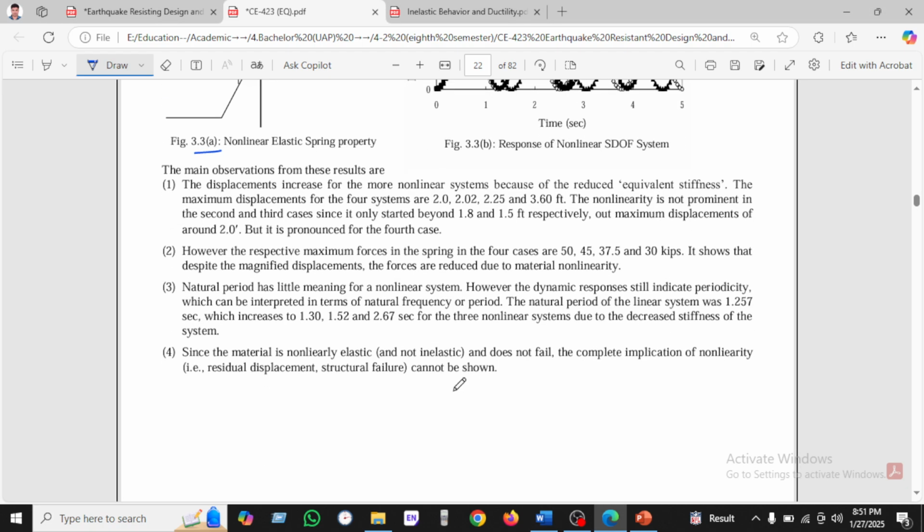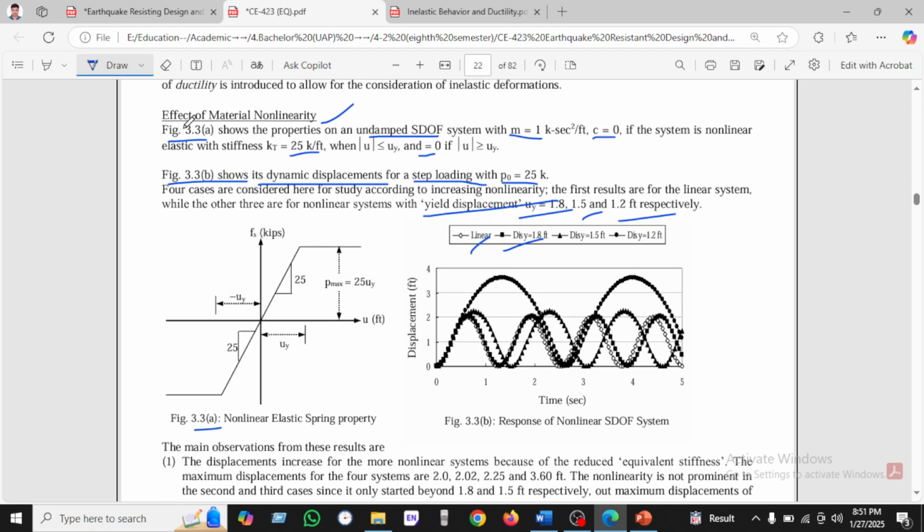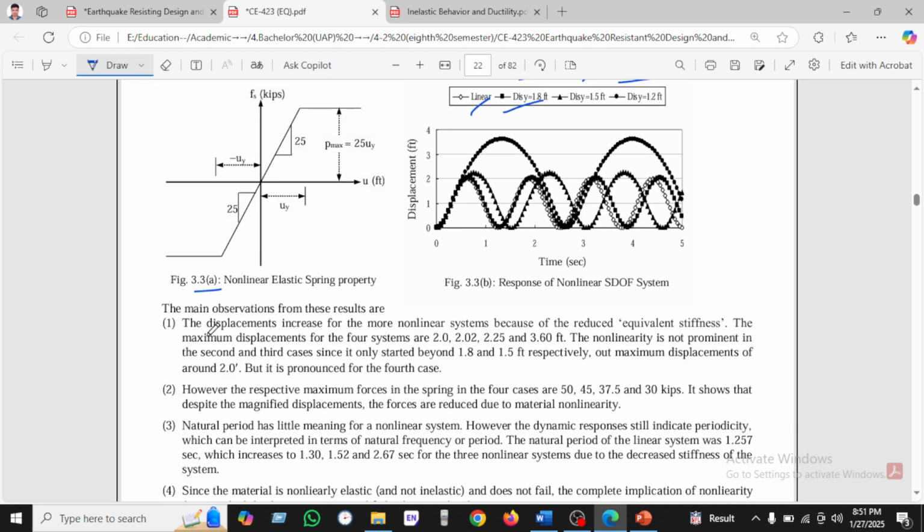So now we have seen some assumptions of material nonlinearity. The main observation of this result is that displacement increases in the nonlinear system because of the reduction of equivalent stiffness.